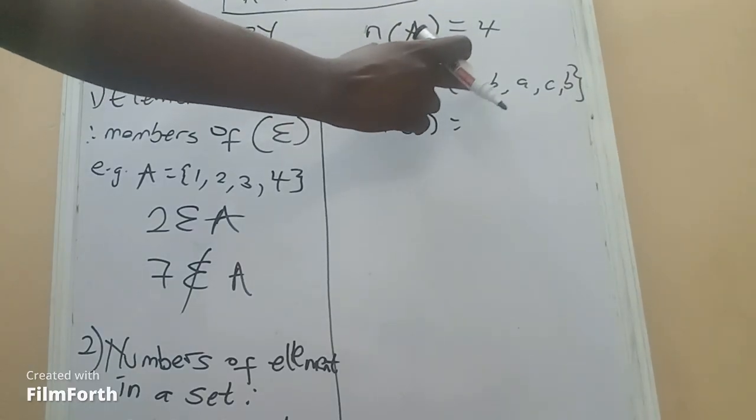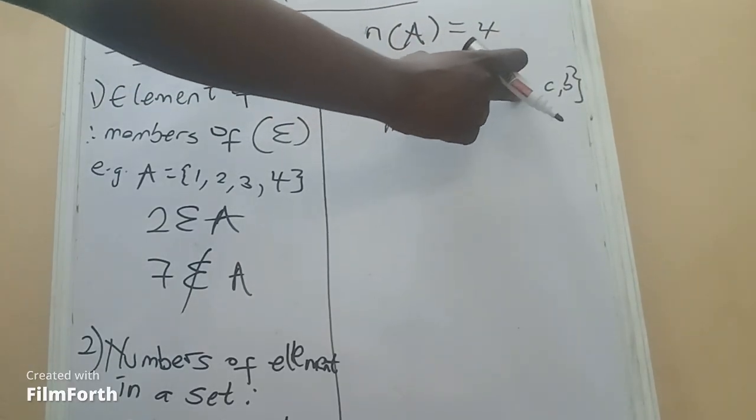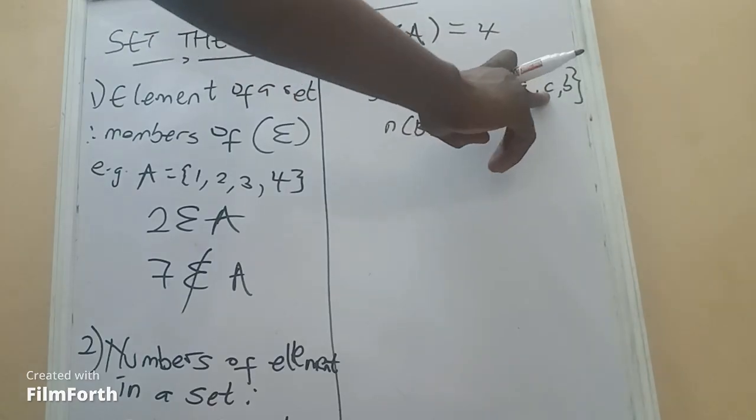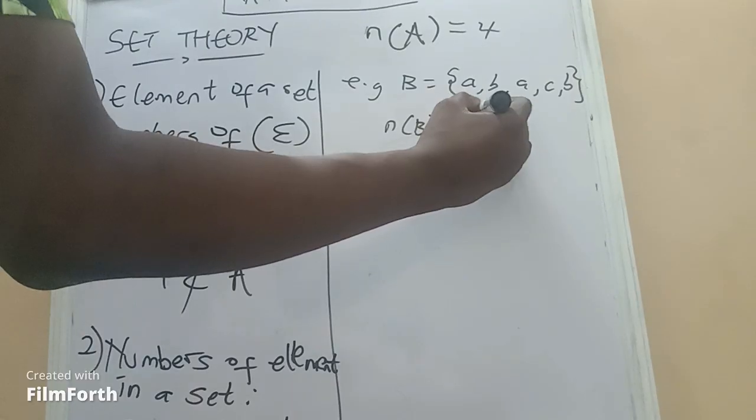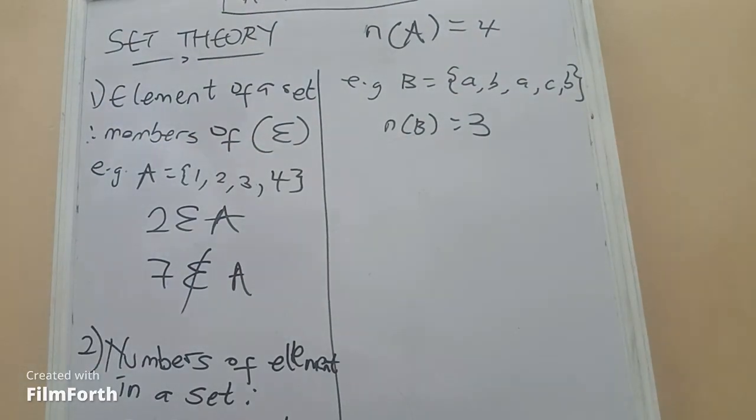B is 2. We skip the repeated A and move to the next one, which is C, which is 3. Then we have counted B already. So the cardinal number, or the number of elements in set B, is going to be 3. If you have any question, you can always feel free to use the comment section to ask your questions.